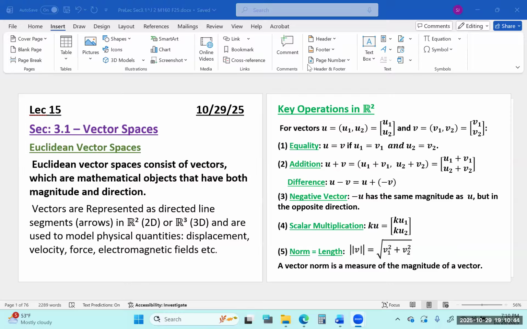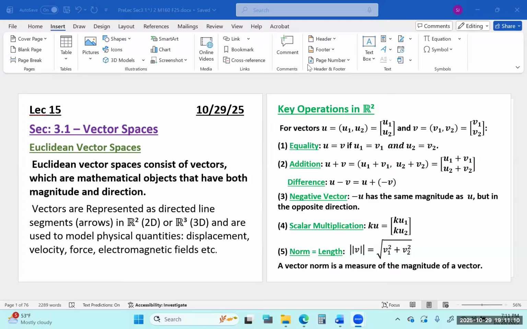Magnitude means length. So it has length and it has direction. And we represent a vector with an arrow on the top. Vectors are used to model physical quantities like displacement, force, velocity, electromagnetic fields, etc.